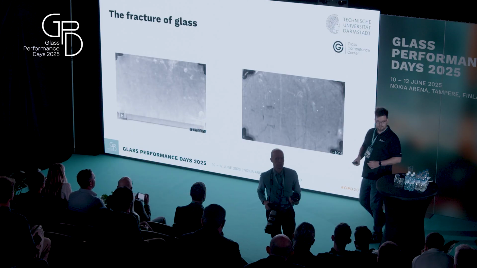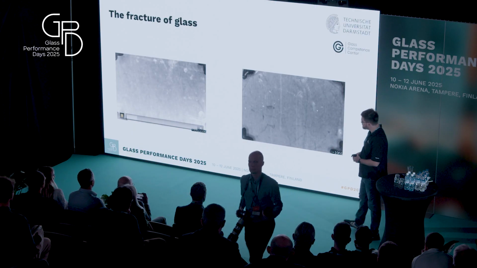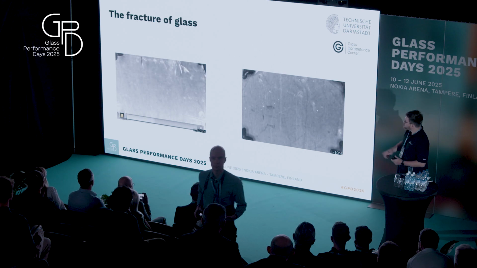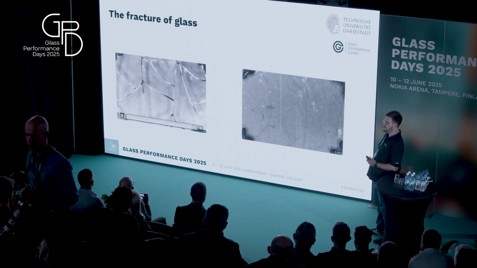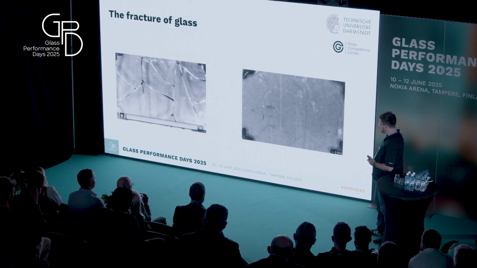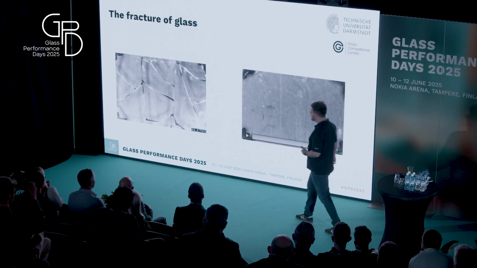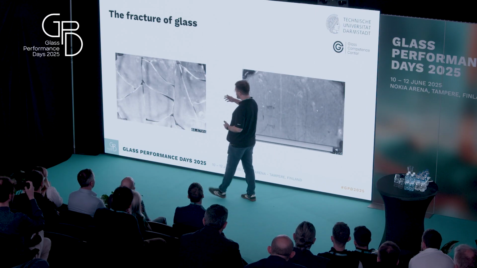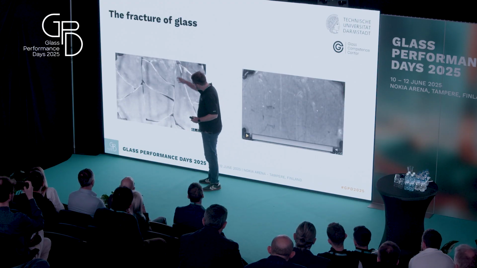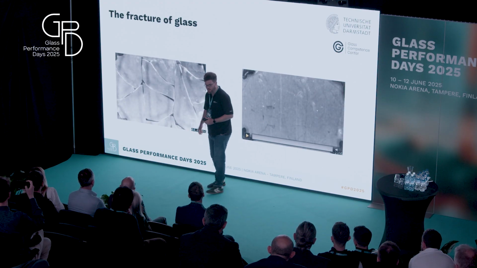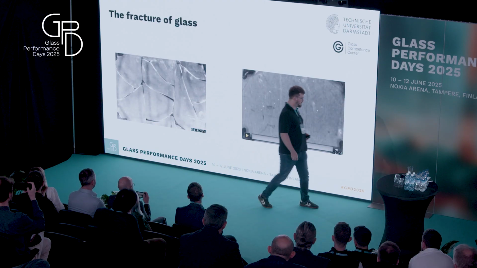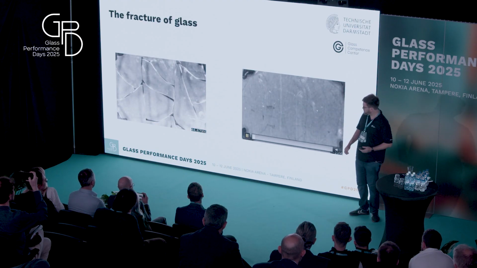So here, maybe you can start the left video. Here I want to show the fracture of glass with two high-speed images made with 5 million frames per second. As you can see, for low pre-stress levels, we have pretty easy to understand fracture patterns that are created during the process of fragmentation. However, if you would start the second video, please.